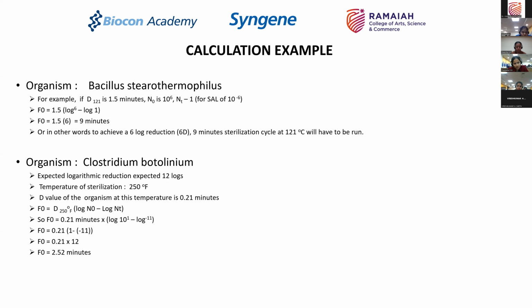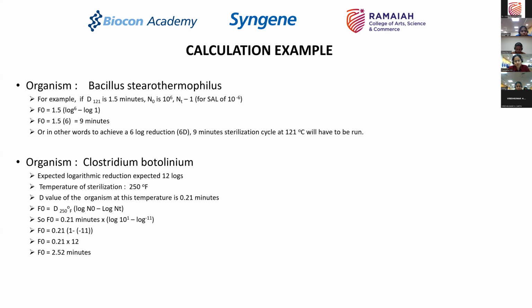If D121 was a different value and I give you two different values of the N0 and NT, then accordingly your time will vary. So why is this F0 important? Because when you determine how this will be used in your autoclave cycles, you will determine it based on Bacillus stereothermophilus, because that's the most heat resistant spore known to us.